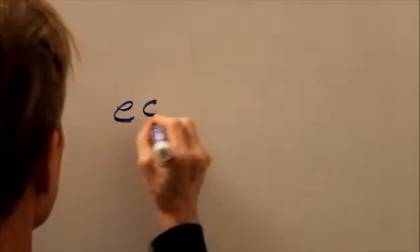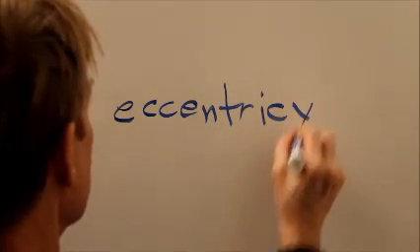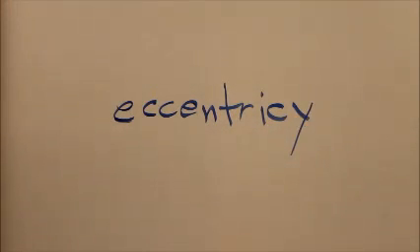Now, just as an aside and as an extra note, there's another way to denote how different an ellipse is from a circle. And that is called the eccentricity, or how eccentric the ellipse is. While eccentricity tells us the same general thing as ellipticity does, it's defined entirely differently.